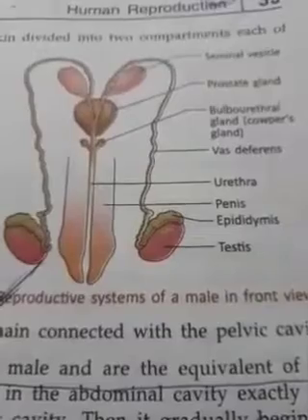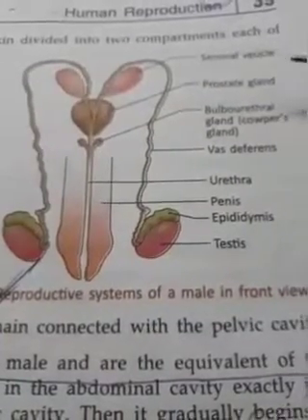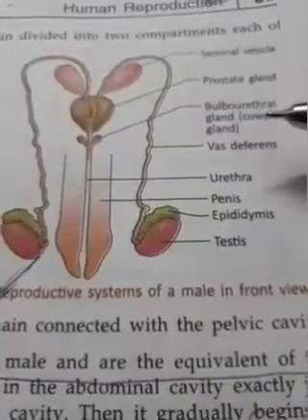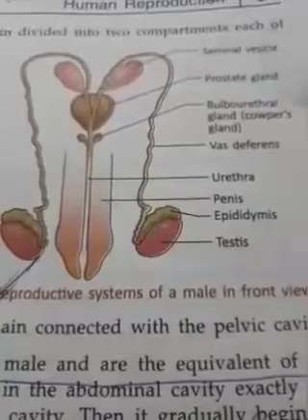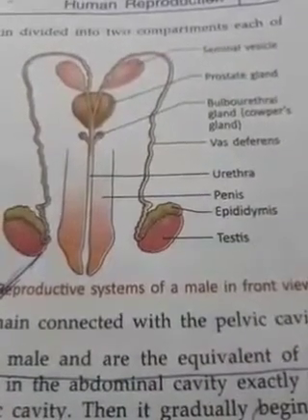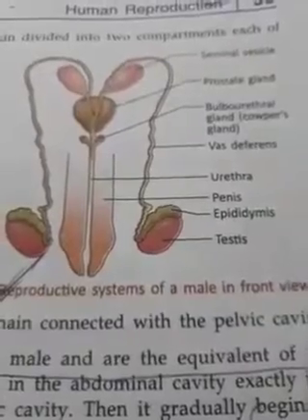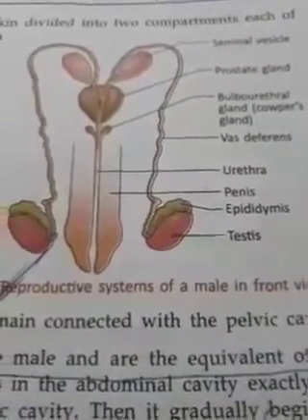Next, coming to two important glands of the male reproductive system, that is the prostate gland and the bulbourethral gland, also known as Cowper's gland. Firstly, the prostate gland is located around the urethra of the excretory system, which also is a part of the male reproductive system.